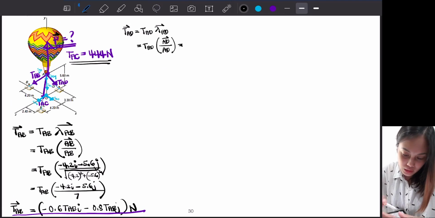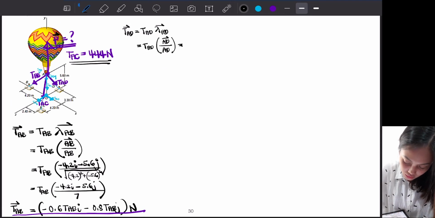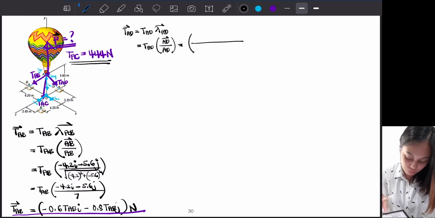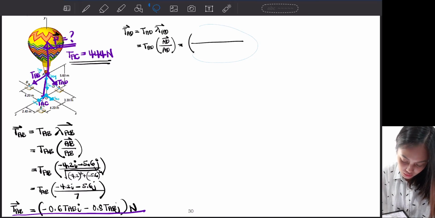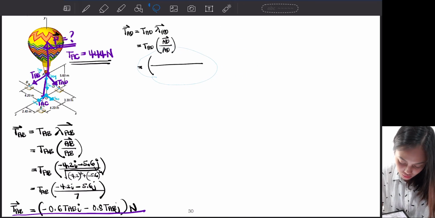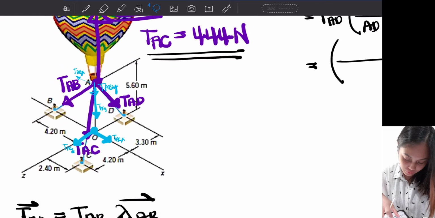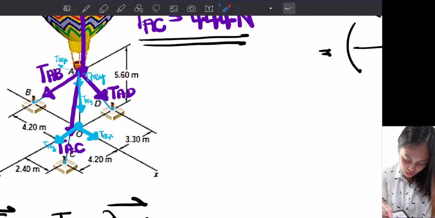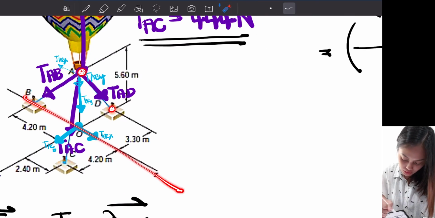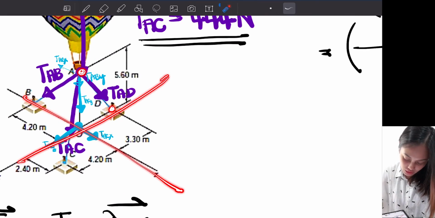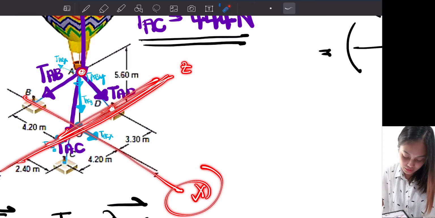Okay, so what is the distance between point A and point D along x-axis? From point A to point D along x-axis. Tanaw na to siya, natungod gyapon siya sa z-axis. Dito z, itong x. So wala siya distance along x-axis.